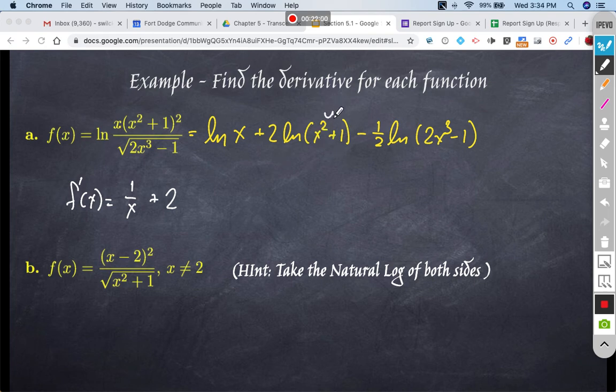So this u prime is going to be 2x over x squared plus 1. U prime over u, so that's going to be 6x squared over 2x cubed minus 1.